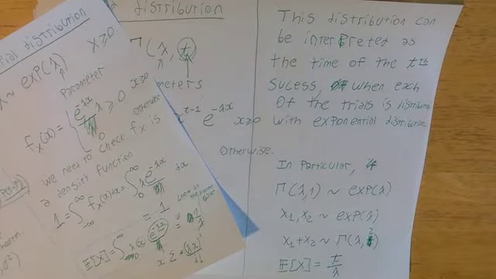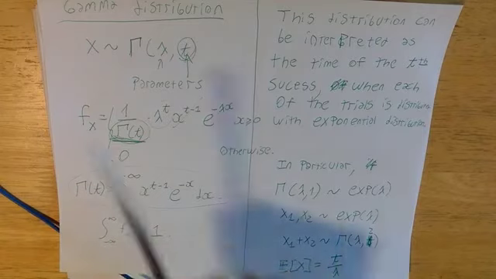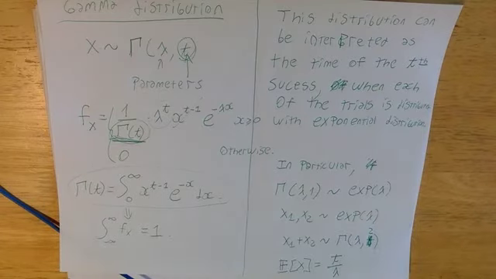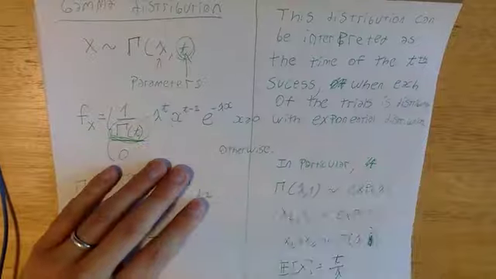That would be hard to prove if it was wrong. So the expectation of a gamma distribution will be t over lambda. These computations become a little involved and are not that interesting, so I'm not going to do them, but you can compute these things.